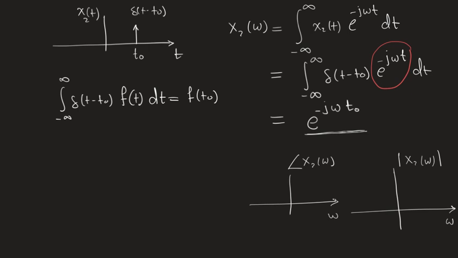So what's going to be the magnitude? It's constant, equal to 1 at all frequencies, right? Because when you take the magnitude of a pure complex exponential, it will have a magnitude equal to 1, regardless of where you are at omega. So the magnitude is a constant value equal to 1 at all frequency components.